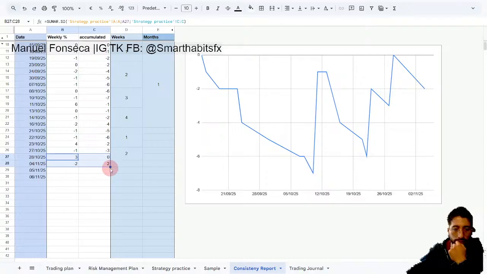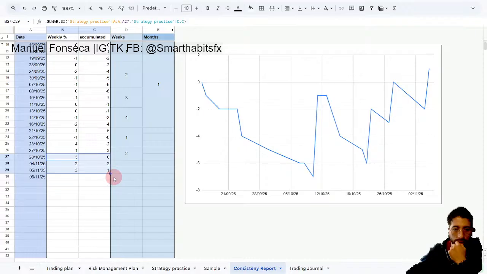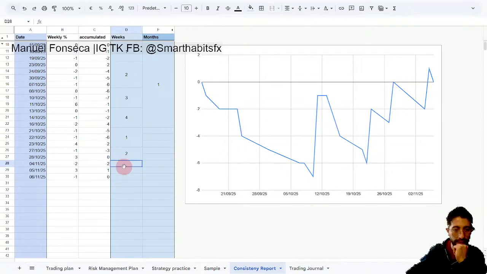Then the next day we got -1, I think. Oh no, we got one extra, because we got 3 times more than we risked, and then the next day we got 0 and 0. So we're very much at the beginning. That's it. So this is the backtesting session for today.